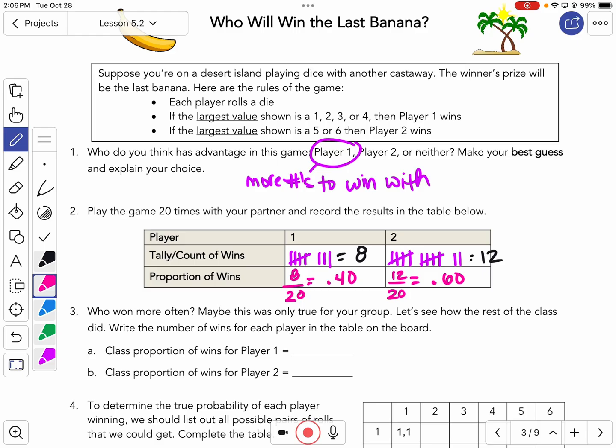We're going to collect the data for the whole class. So one person from each pair, grab a marker, come up here, and put your number in. And then I'm going to have to do math, which is scary. Not everybody, just one person from each group.